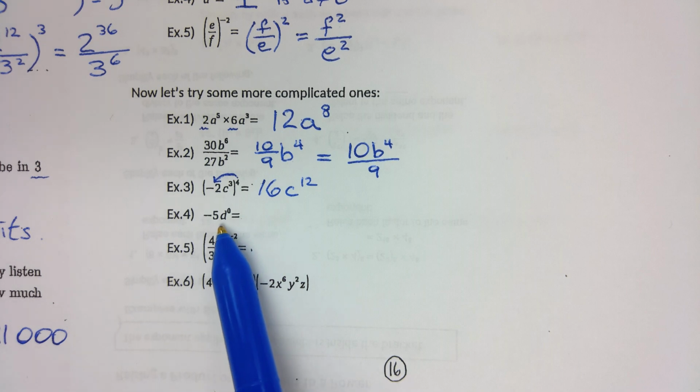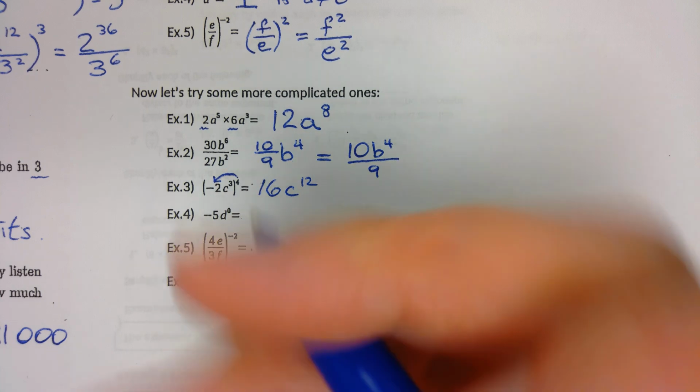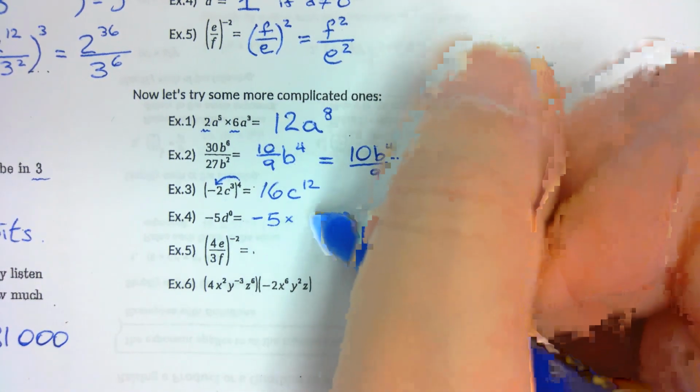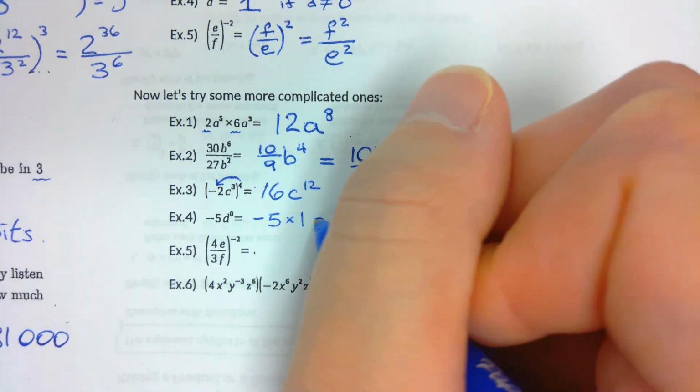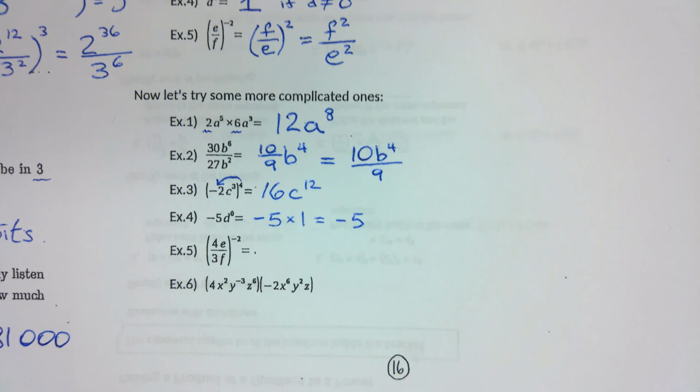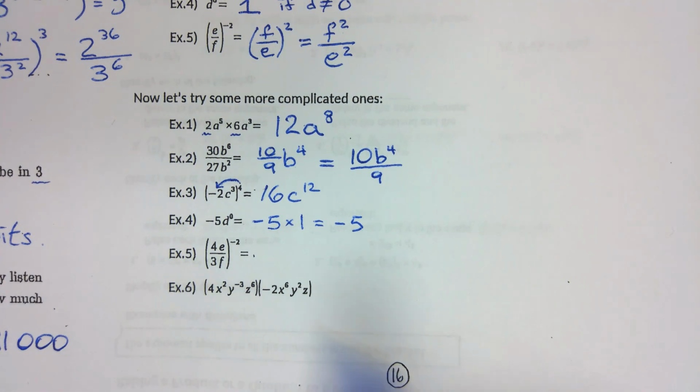Right. Okay, that -5 is not part of the zero exponent. So when you simplify it, it's -5 times 1, which gives you -5. Okay, Connor.